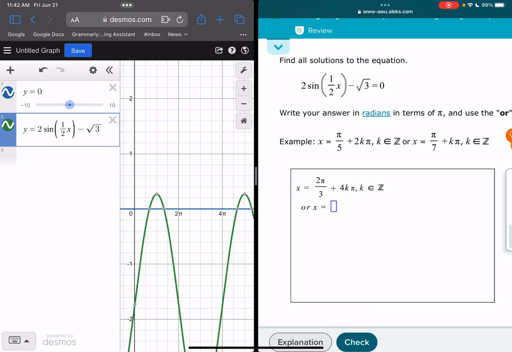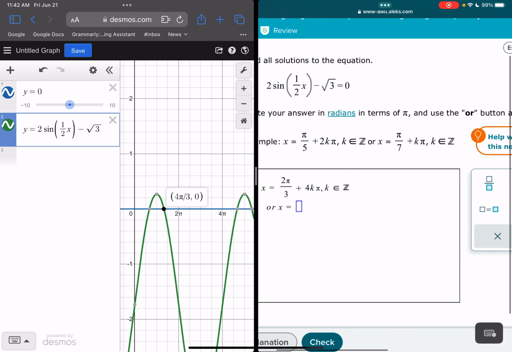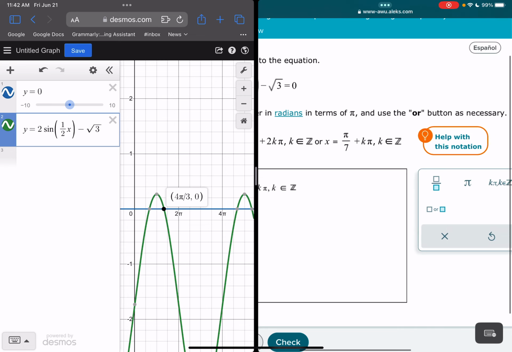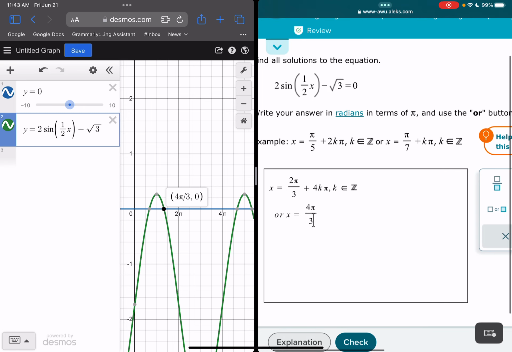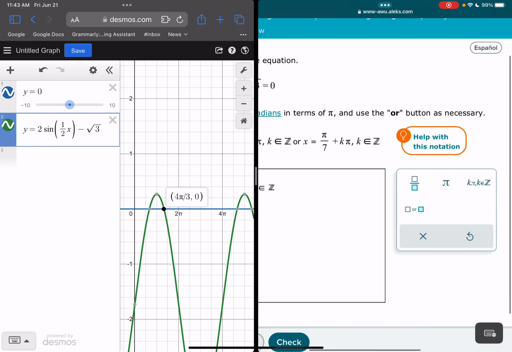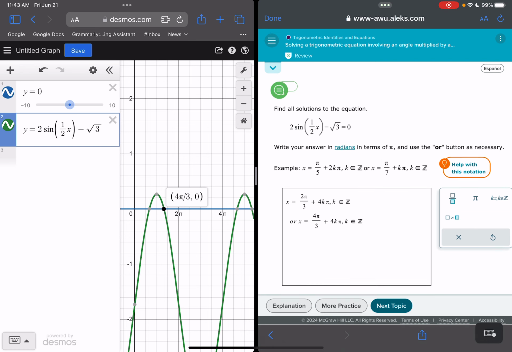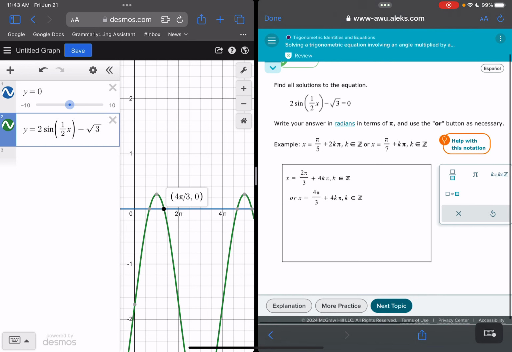We go to the first one, and we say 4 pi over 3, and then plus 4 pi with all this weird stuff. And let's see if we got it right. And that's how you do that.